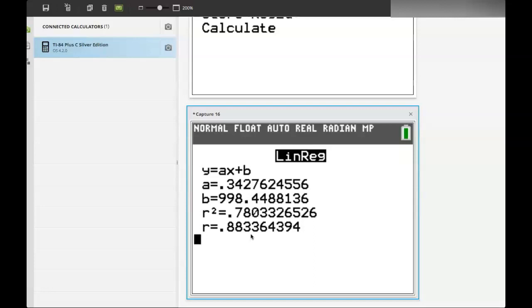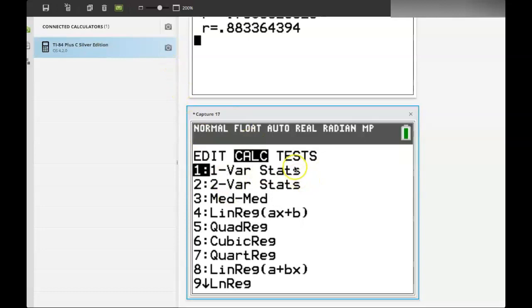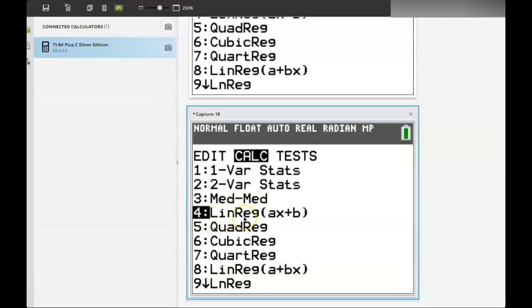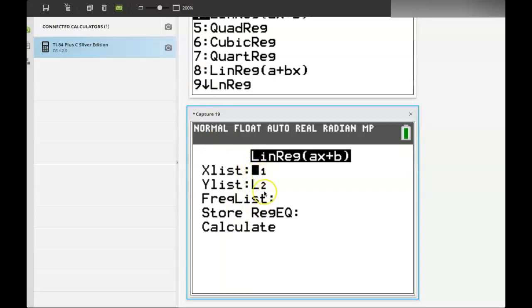So again, stat. Okay, now choosing number 4, enter. Now here again we have L1, L2, but our data are in the third and fourth column. We should have L3, L4.